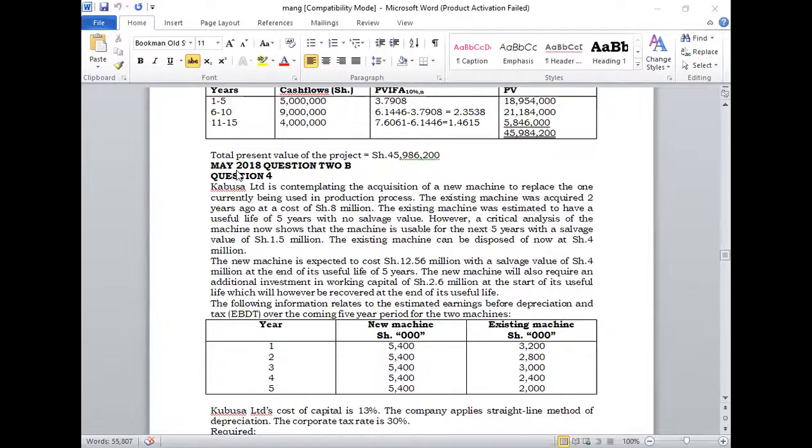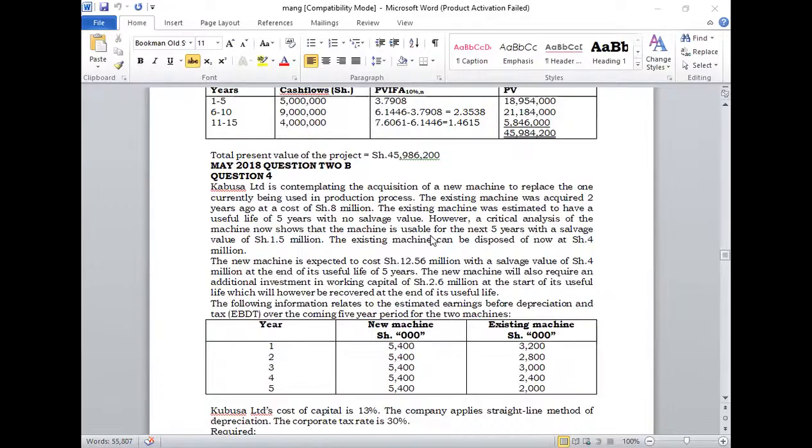However, a critical analysis now shows that the machine is usable for the next 5 years with a salvage value of shillings 1.5 million. The existing machine can be disposed of now at shillings 4 million. The new machine is expected to cost 12.56 million with a salvage value of shillings 4 million at the end of its useful life of 5 years.